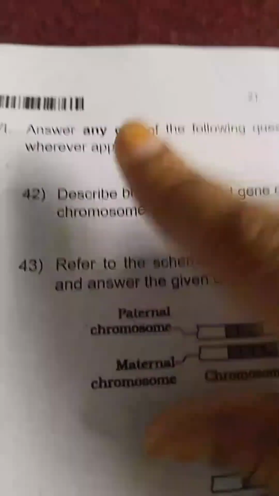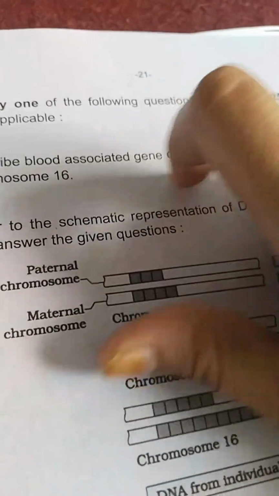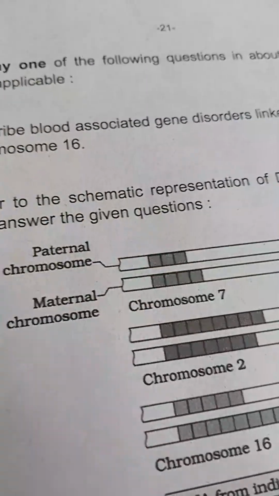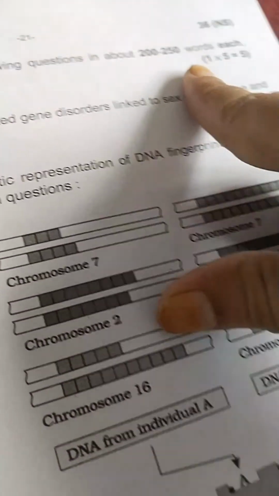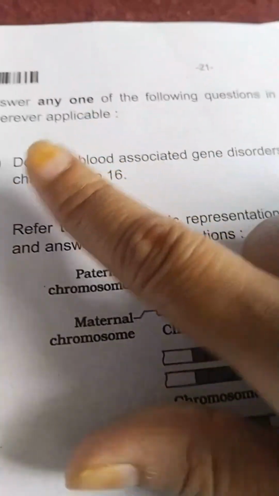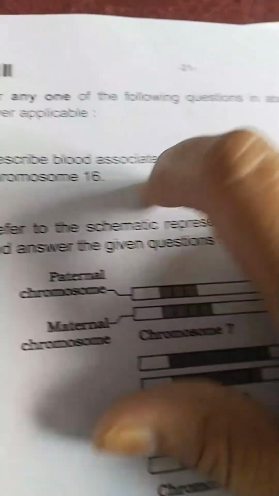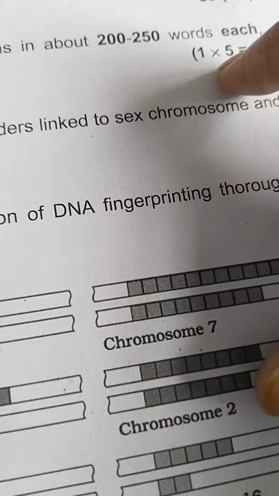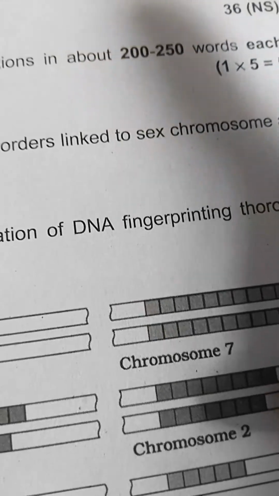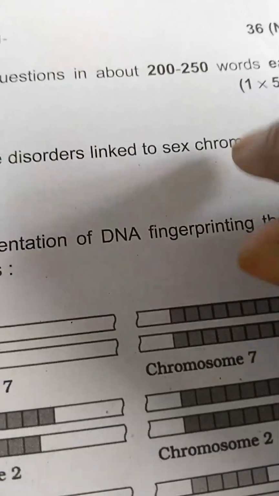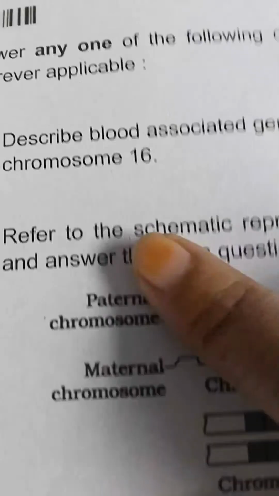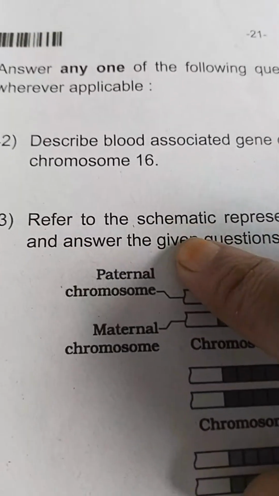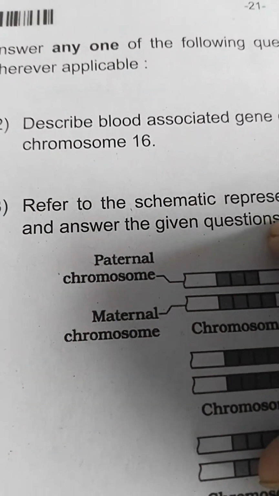The last section is: answer any one of the following questions in about 200 to 250 words each, wherever it is applicable. It is going to carry 5 marks. This section is also known as higher order thinking skills questions.